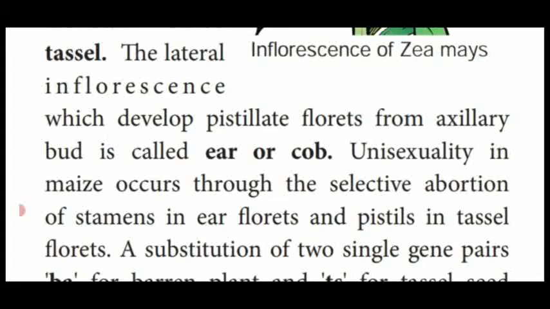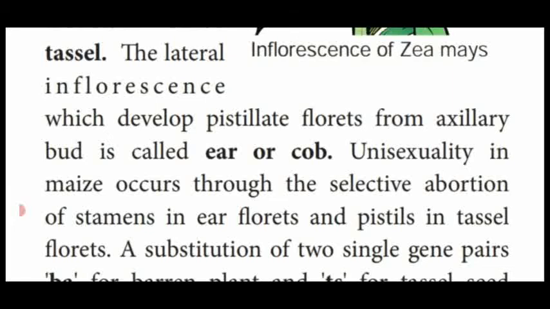This unisexuality in maize shows certain selective abortion of stamens in ear florets. That means some of the stamens show sterility, are unable to germinate and do not take part in the fertilization process. That condition is called selective abortion of stamens in ear florets and pistils in tassel florets.